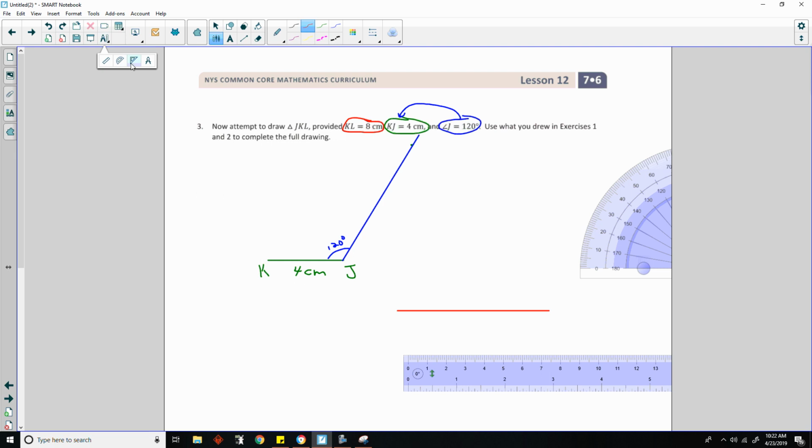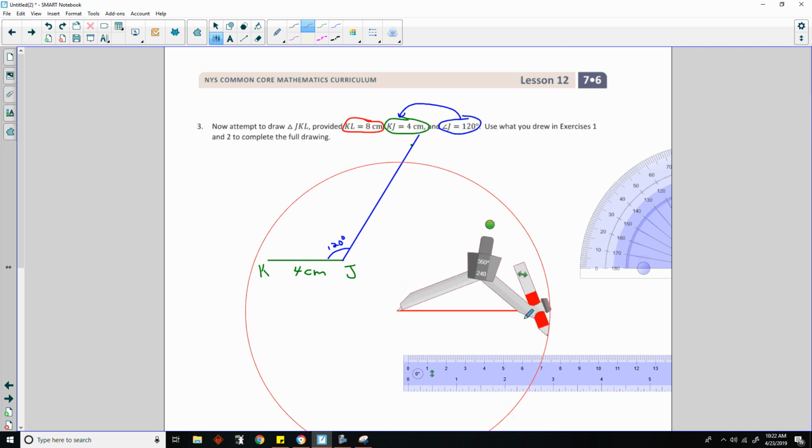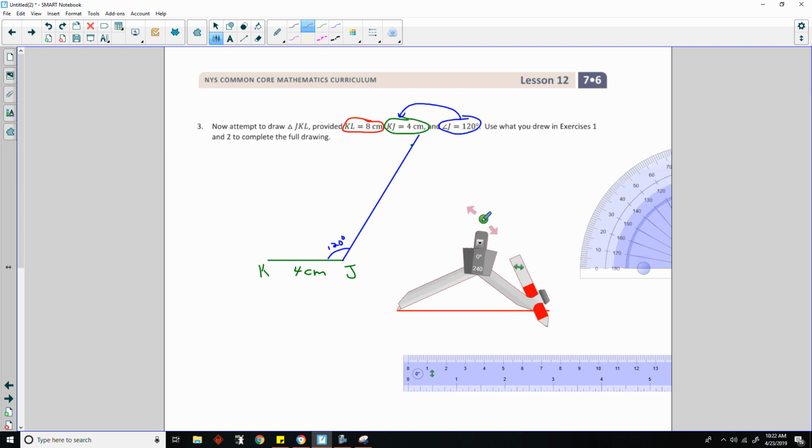I get my compass and place one end here and the other end down here, like so. And of course, if I drew a circle, it would look like that. All right, so now, where do I put this?